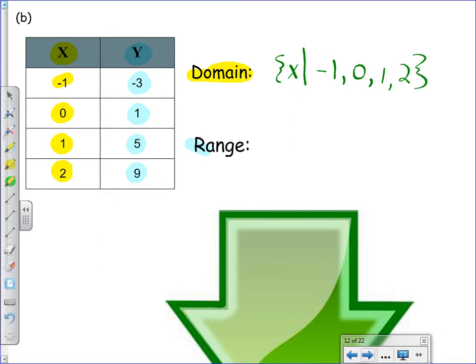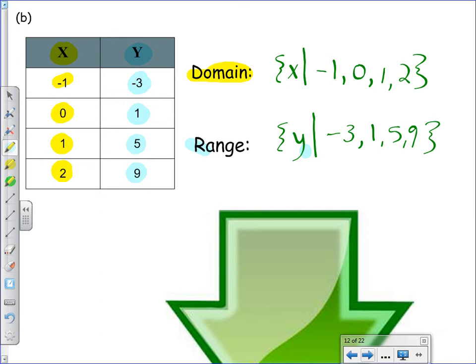What will I write here for range? Such that. Okay, so that's my range. The set of y such that y is -3, 1, 5, and 9.